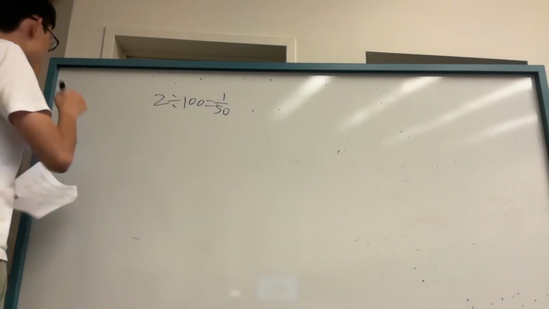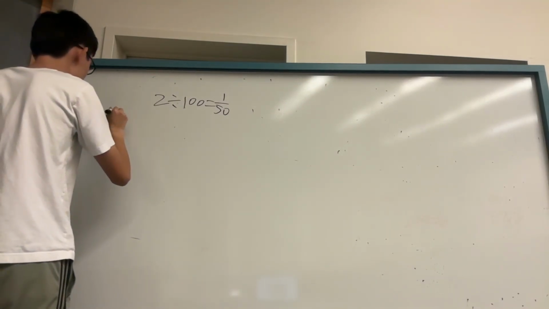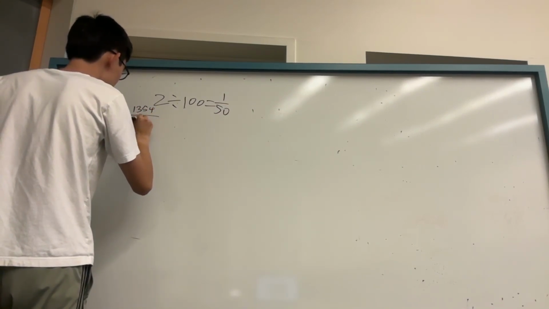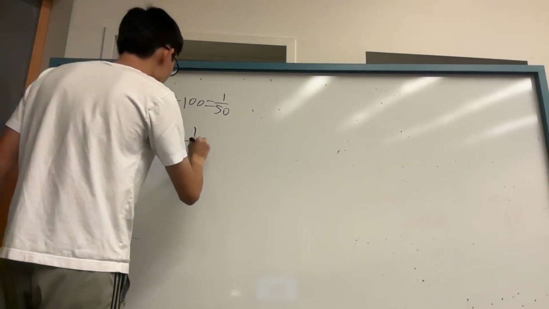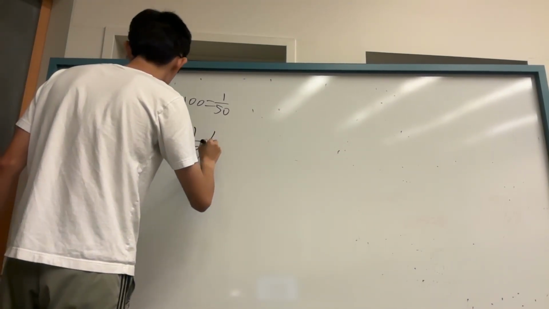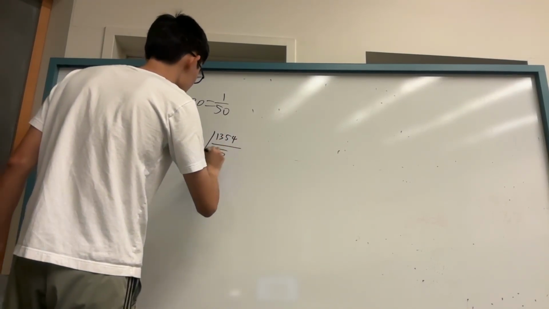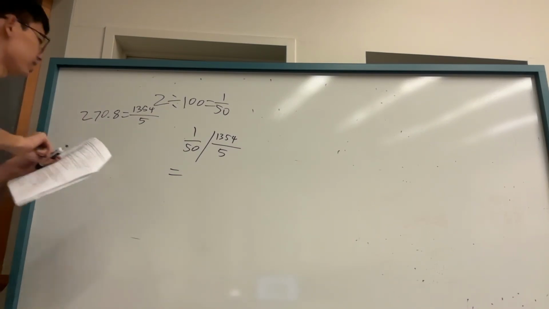And remember the molar mass for lidocaine. So we do 1/50 divided by it, and this should be very easy here because dividing by a number is the same as multiplying by its reciprocal.